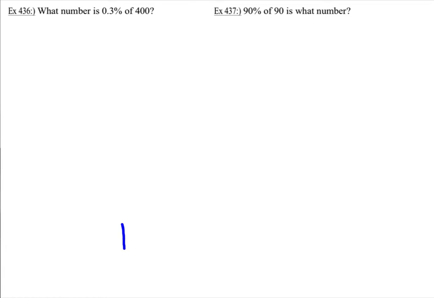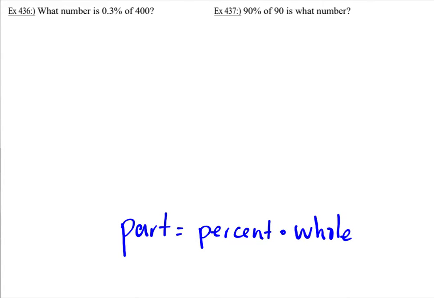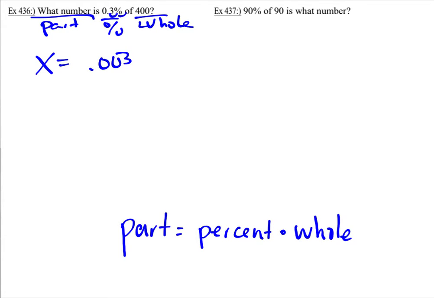Okay, remember that it is part equals percent times whole. What number is 0.3% of 400? 400 is going to be the whole. Our part we don't know, so maybe we use an x equals 0.003. When you move the decimal twice, oops, that's in the wrong direction.